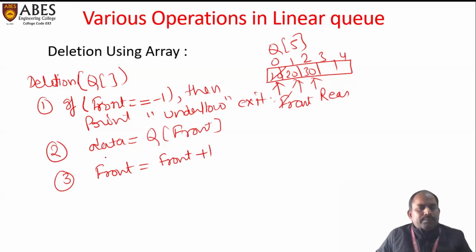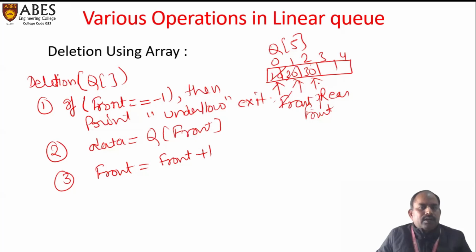There is one more case pending. If both values, front and rear, are at the same position, it means we have deleted this one, and the front is at this location. Here we can see the value of front and rear is both at index 2.